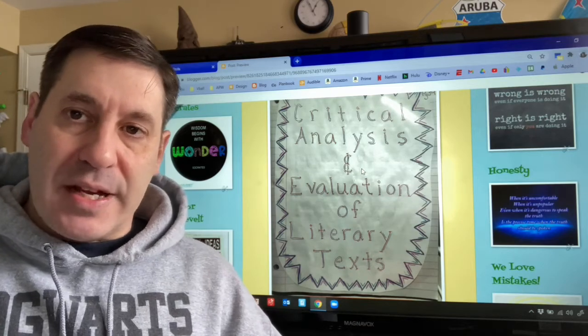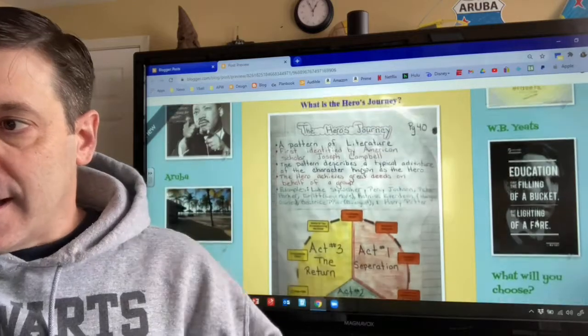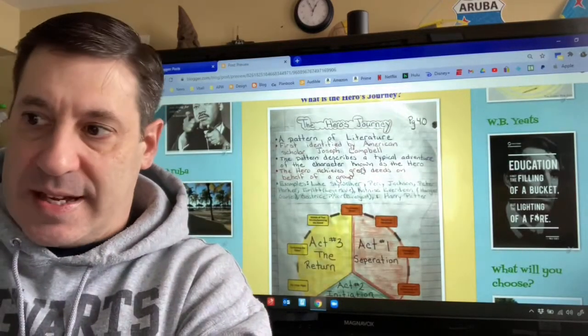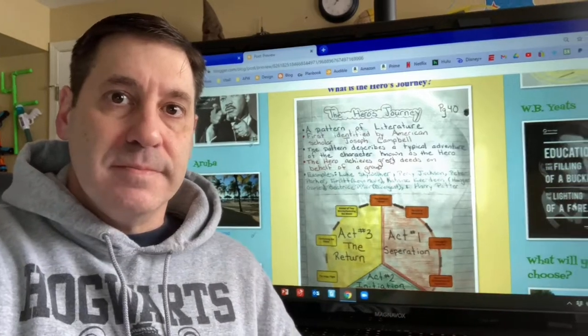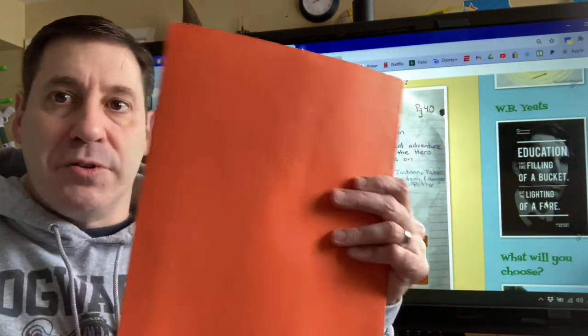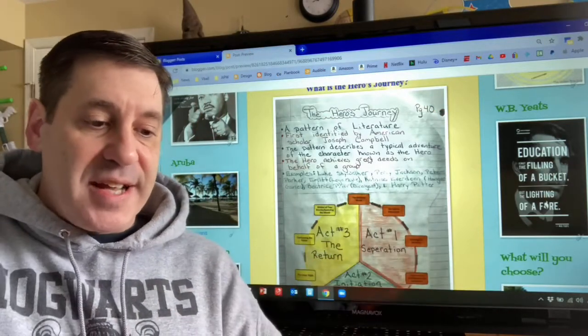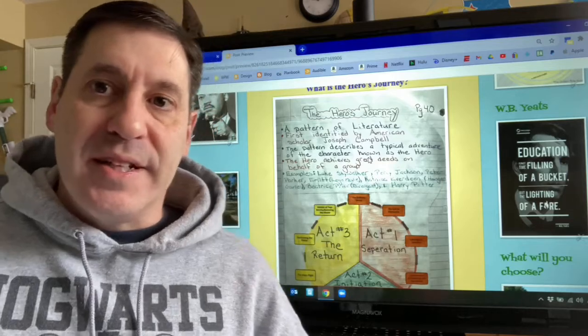The second page is the most important one. Okay, and this second page looks like this. And for this page, you are going to need to go into your ELA folder, and you are going to have to take out your Unit 3 packet. If you're a virtual student, I mailed these to you.